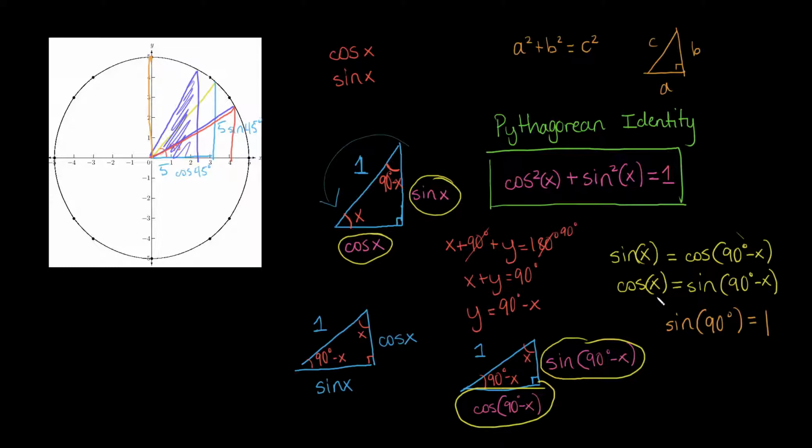Well, according to our new identity here, the sine of 90 degrees should be equivalent to the cosine of 90 degrees minus our angle, which was 90 degrees. And well, what is the cosine of, well, 90 minus 90 is 0 degrees.